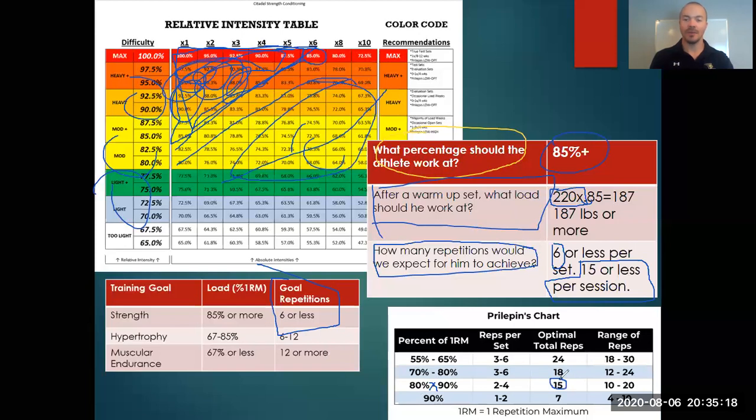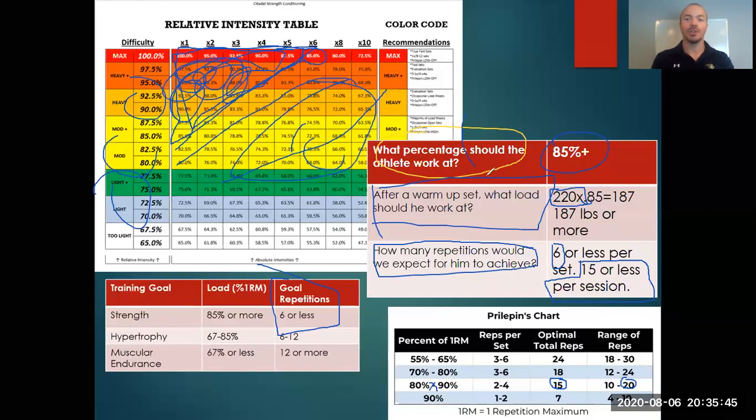So we could go right to 15. And then knowing that it's an upper body day gives us a little bit of leeway, so maybe we could have gone up to 20. But at 15 reps, we're confident and feeling pretty good that that's going to be either optimal or at least in the proper range of reps. And depending on your lifter, you may want to get more aggressive or less aggressive.